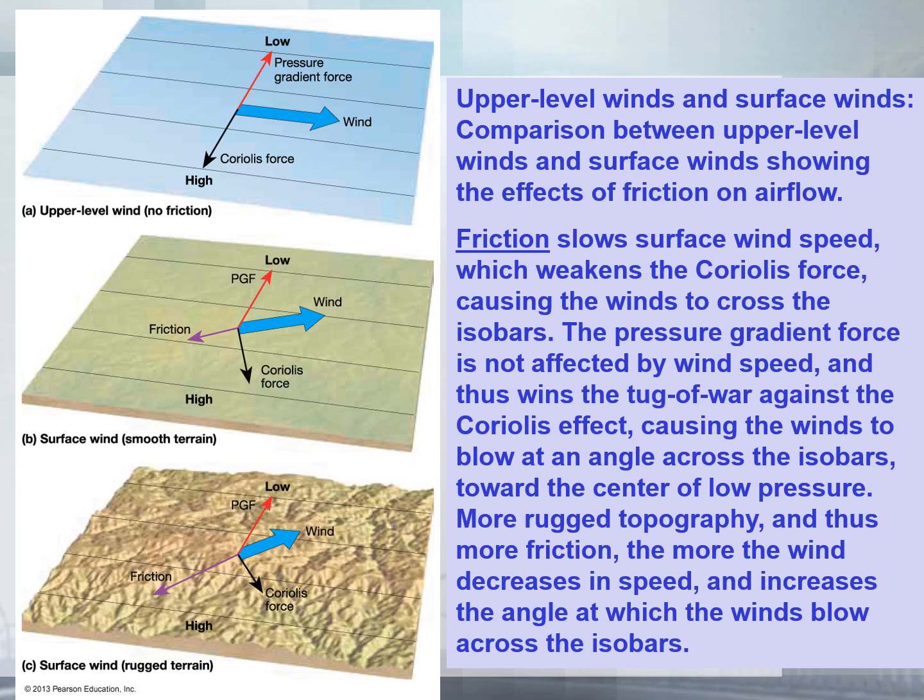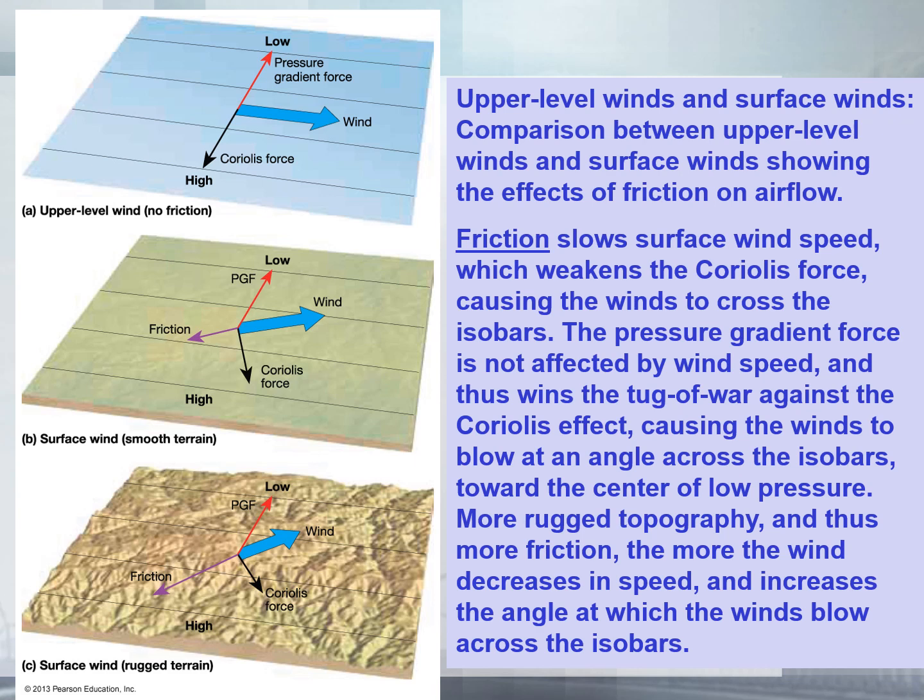Okay, so in B we have a surface wind in very smooth terrain, like just grasslands, and then in C we have surface wind with rugged terrain, mountainous areas. So the force of friction is shown in the purple arrow, so you clearly have a greater friction force in diagram C, as you would expect, because you actually have topography there.